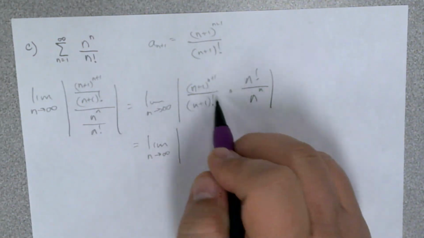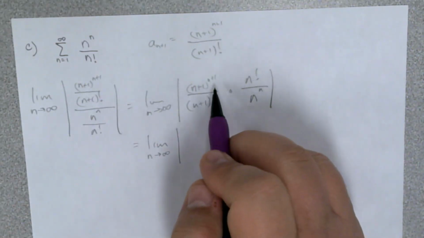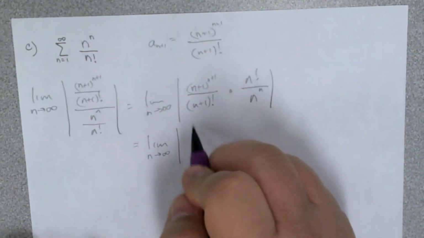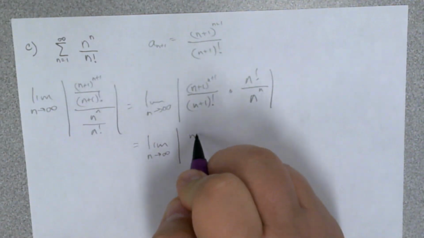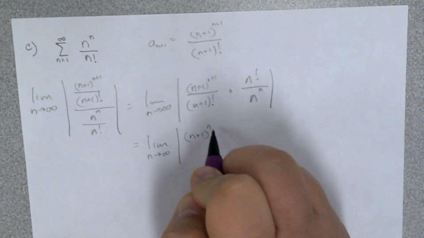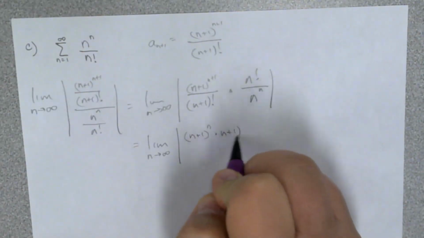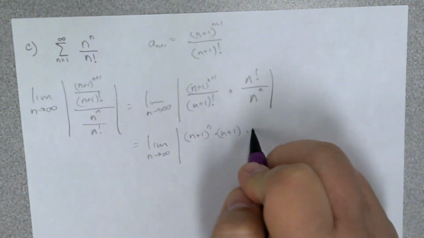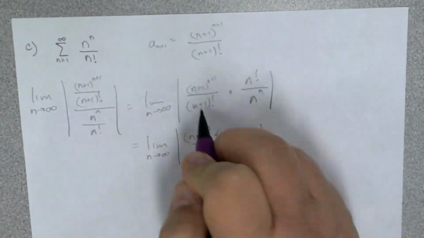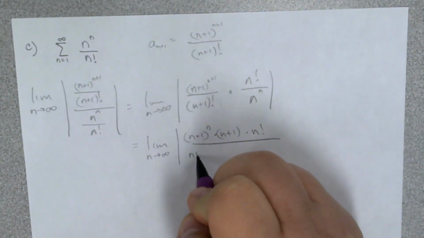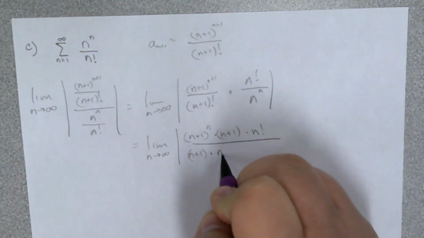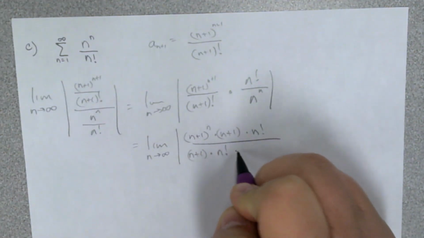The same idea as before, even though this was a number, I can rewrite this right here as n plus 1 to the n times n plus 1. There's my n factorial. This right here I can write as n plus 1 times n factorial times n to the n.